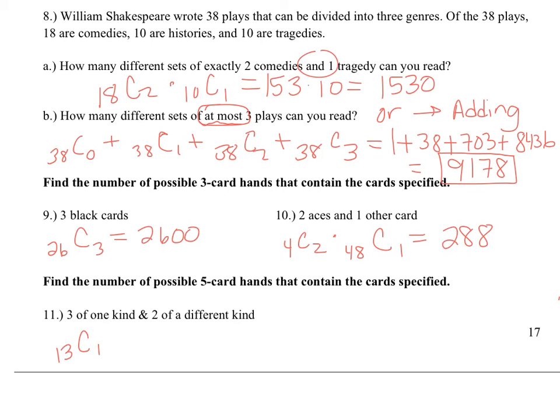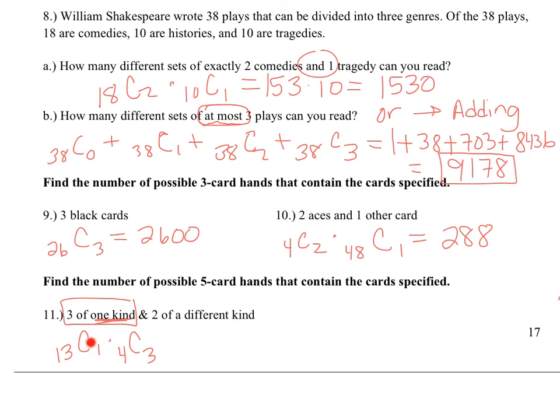First thing we need to do is choose 1 kind. So out of the 13 options, we're going to choose 1. Then once we're in that kind, there's 4. There's 4 2s, 4 3s, 4 aces, 4 kings, 4 10s, 4 jacks, etc. So no matter which kind we choose, there's 4 options, and then we're going to choose 3 of them. And that's going to take care of this part, 3 of one kind.